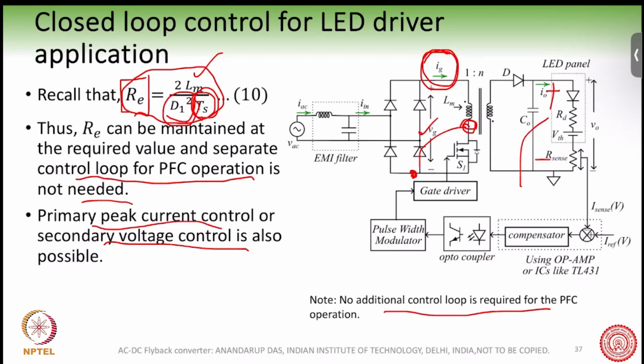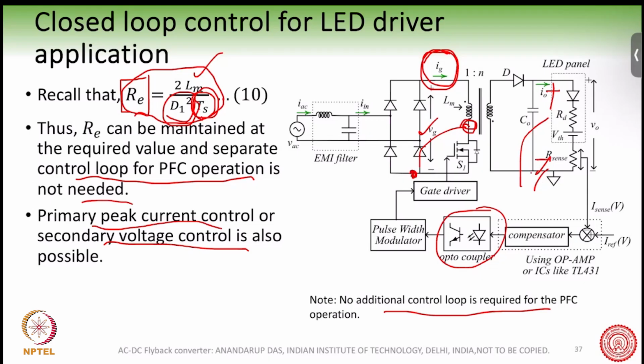Whereas if you control from the secondary side, then you need an isolation in between, right? Because your controller will have a different ground as compared to this secondary side, which is isolated. So if you sense secondary side quantities, then you must have an isolation in between because your microcontroller or your analog controller is at a different potential.